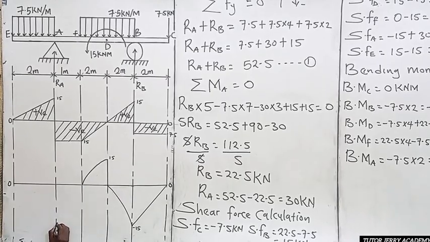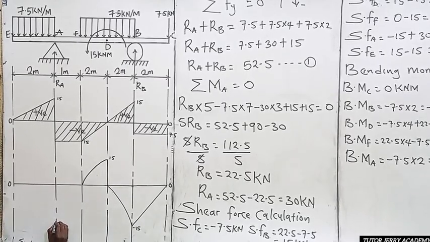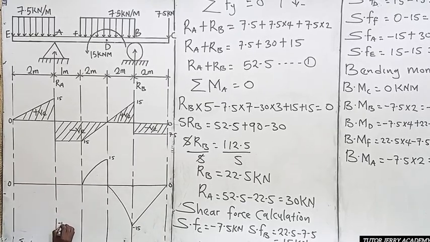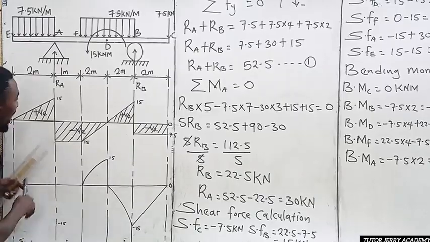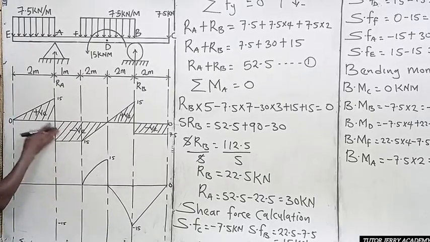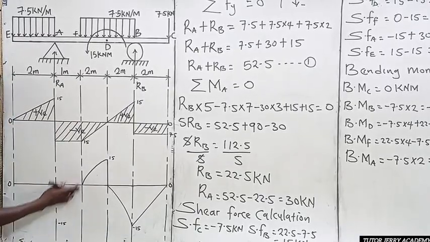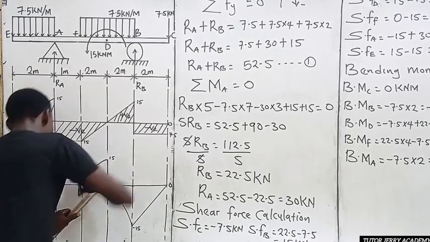So let's take this point to be our negative 15. Since we have just a straight line here, we are going to be replacing it with an inclined line here. So we have an inclined line.